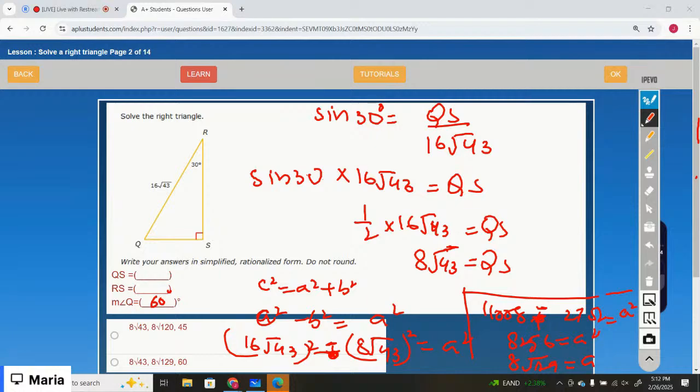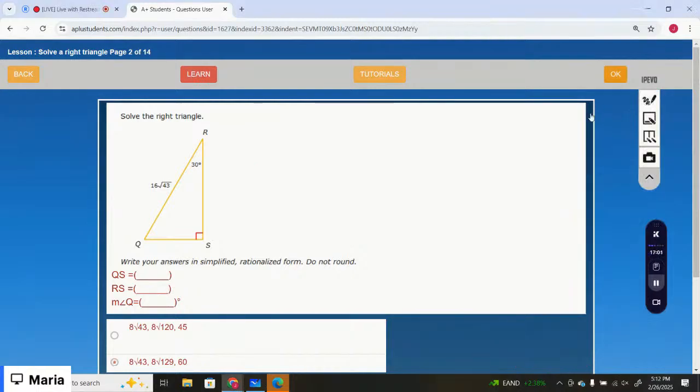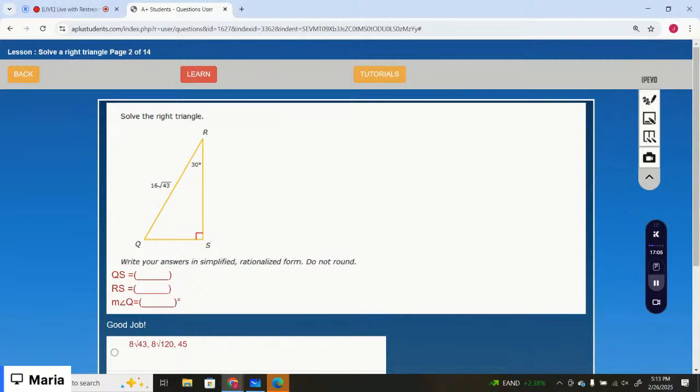So that means a is 8 square root 129. So which is the correct option? That is option number 2: 8 square root 43, 8 square root 129 and 60. Option number 2 is the correct option.